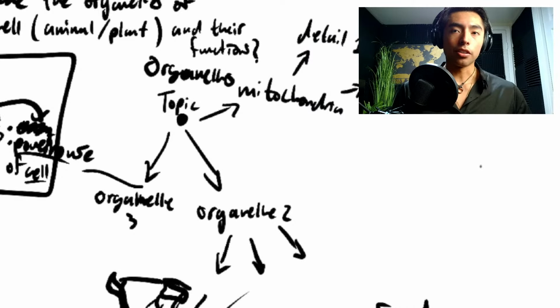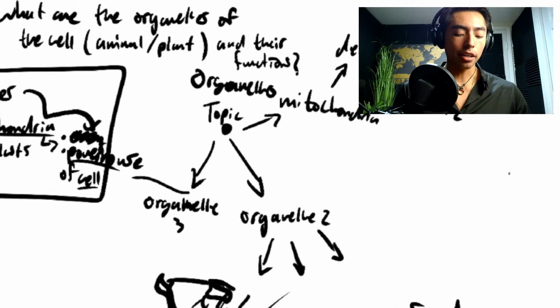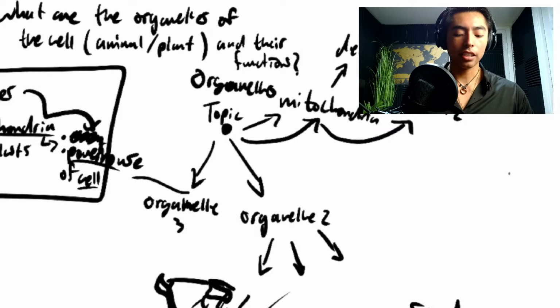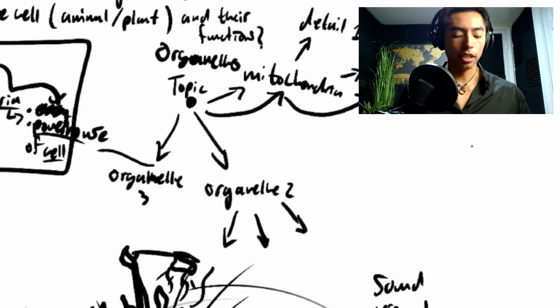Another thing to note when you're making notes like this is that when you're asked to recall this information and, say, write about it, you can just go from the topic to the type to the details. And that's your argumentative essay. If it's saying compare and contrast the mitochondria and the chloroplasts, right?